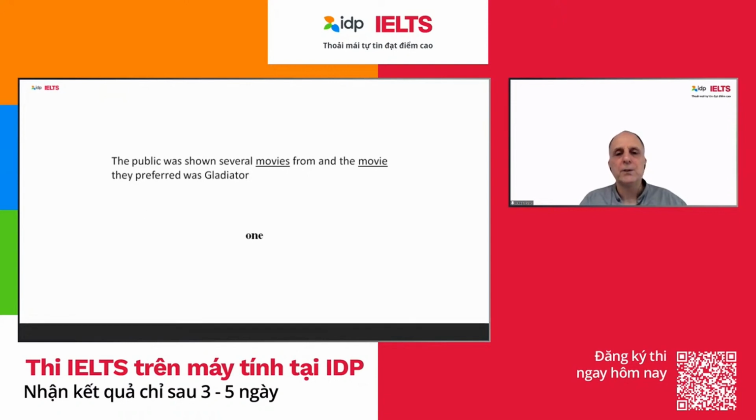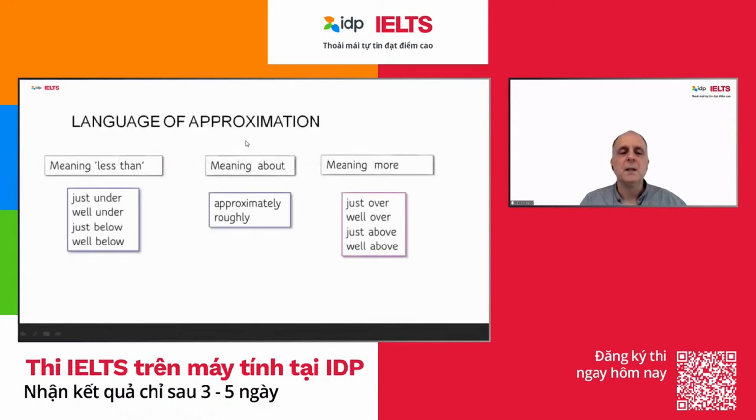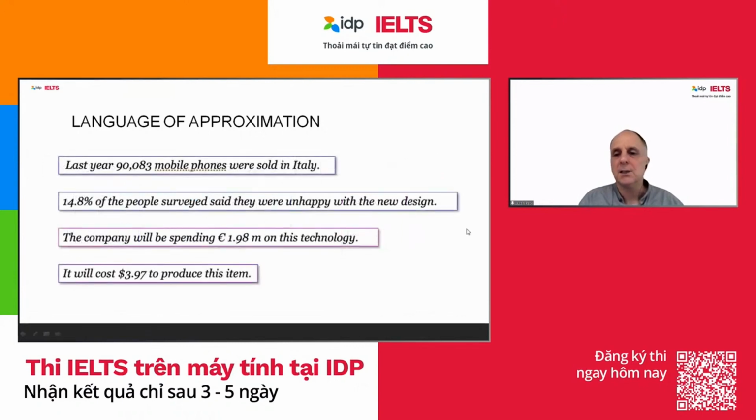So think about your referencing language as well. Okay, so we also have approximation as well. We need to think about not just using exact numbers all the time. For example here: last year, just over 90,000 mobile phones were sold in Italy.